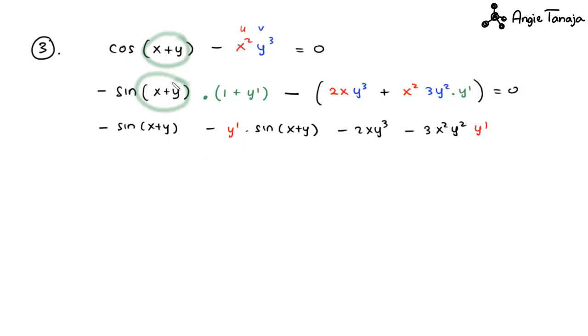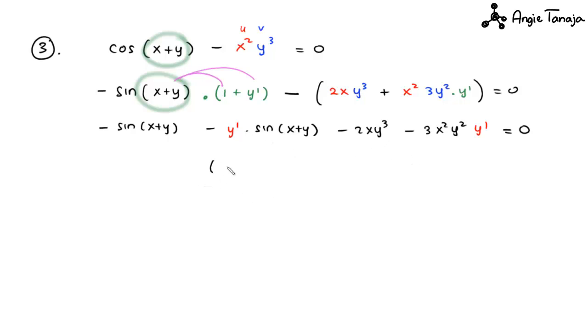Y prime. So like what I do is just distribute ke sini, ke sini. Okay. And then again the same thing, we gather the y prime. This is the y prime that we have. How about yeah, just put it here lah.